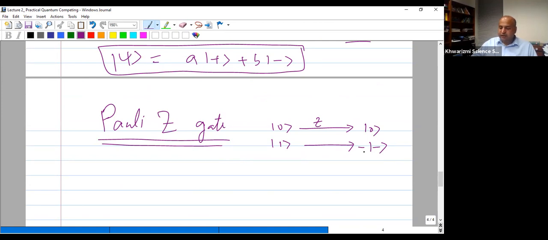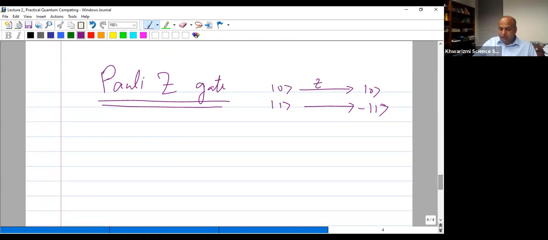So it adds a 180 degree phase. The state remains 1, but with a minus sign. So this Z gate can be represented by the matrix 1, 0, 0, -1.